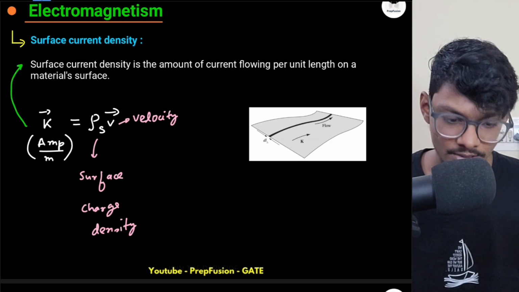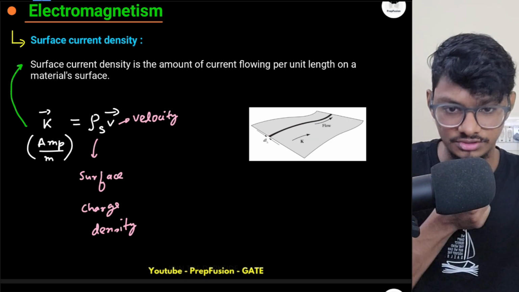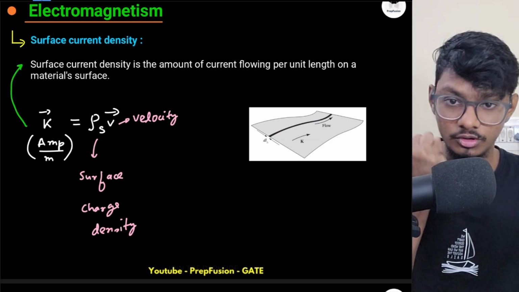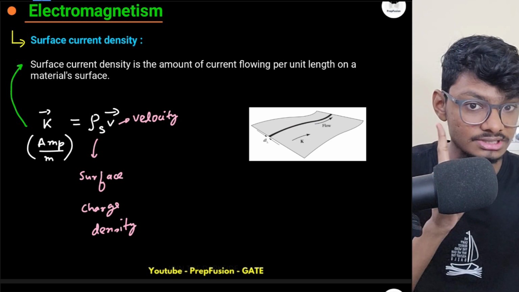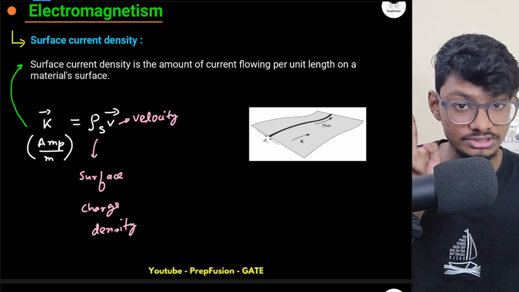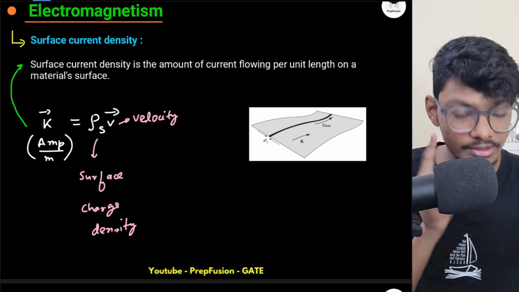Here if you observe, if I want to write a surface current element, ideal was a line current element. Ideal was a current element, but it was a line current element.